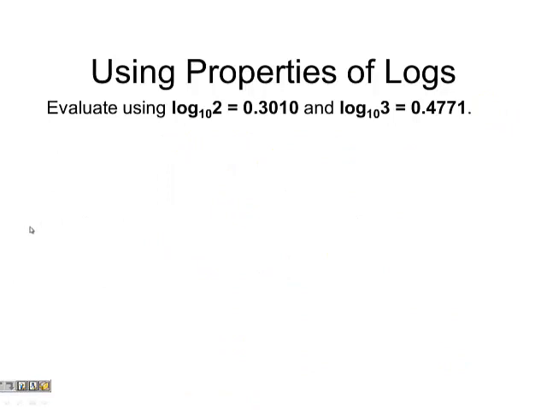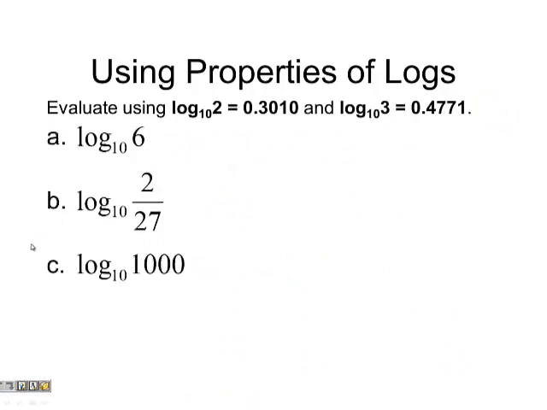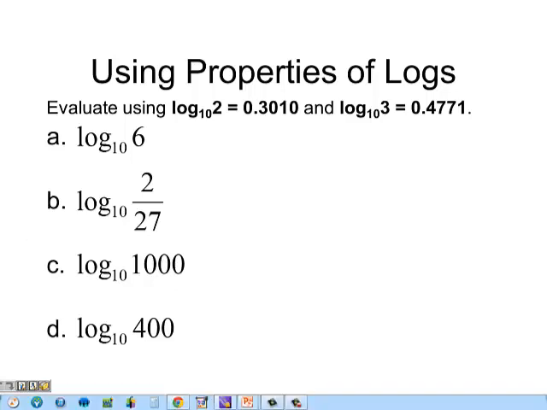Okay, now we're going to do these again. These are the same problems, except now I've given you what these are equal to. So you remember from the last slide that this is 2 times 3? Well, the log of 2 times 3 would be this plus the log of 3.